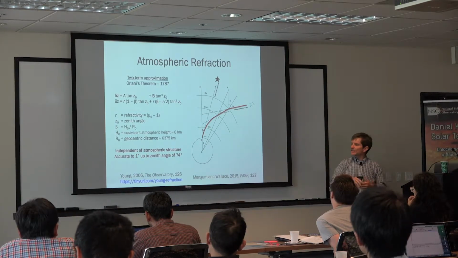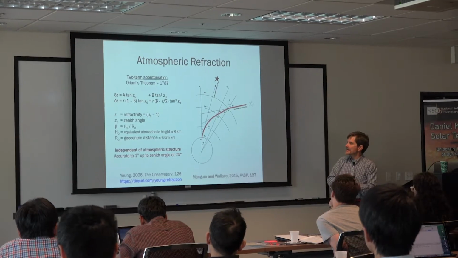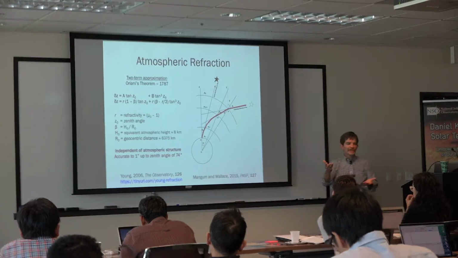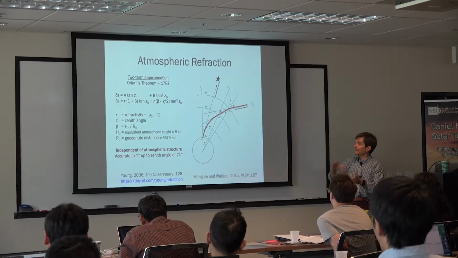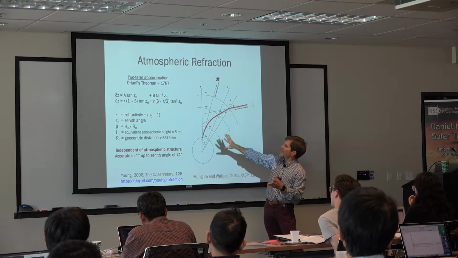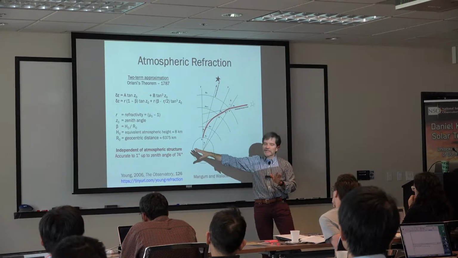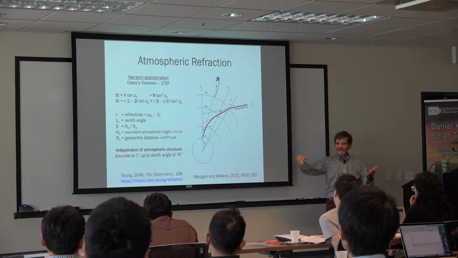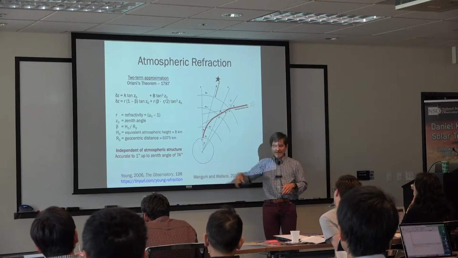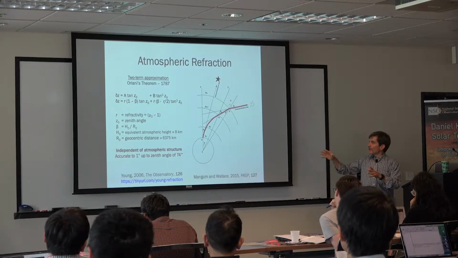H0 is just this equivalent atmospheric height: how much of an equi-dense atmosphere would you need above the observer in order to have the same pressure at their height? With this slightly more complicated but still very simple approximation, he was able to get a result completely independent of the density and how it changes with height. And now it's accurate up to a zenith angle of 74 degrees. And so this is good.